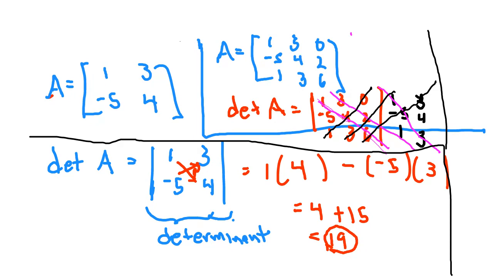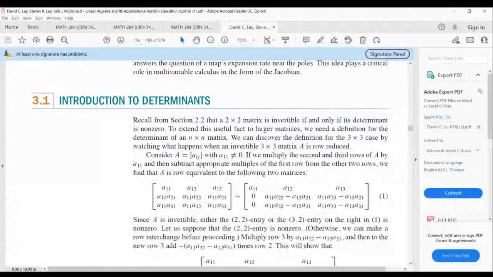And there is a definition of the determinant whose results would give you the same results for a determinant of a 2x2 and a 3x3. Hold on, let me just find it.